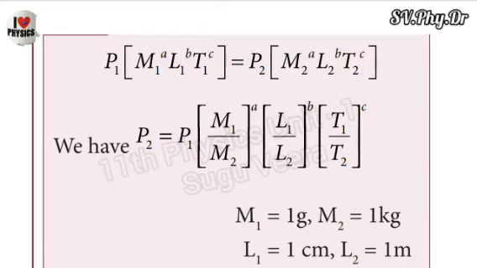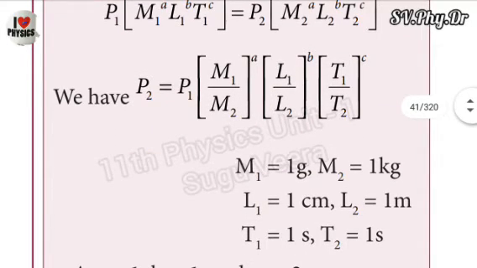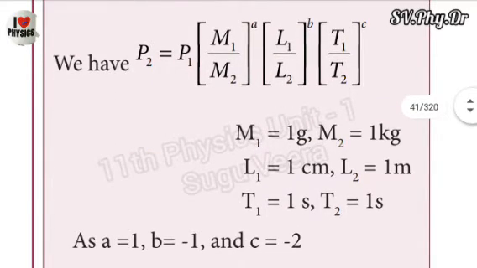We need the SI unit, so P2, that means the right side is the SI unit and the left side is the CGS unit. So P2 is equal to P1 [M1 divided by M2] whole power a, [L1 divided by L2] whole power b, and [T1 divided by T2] power c.